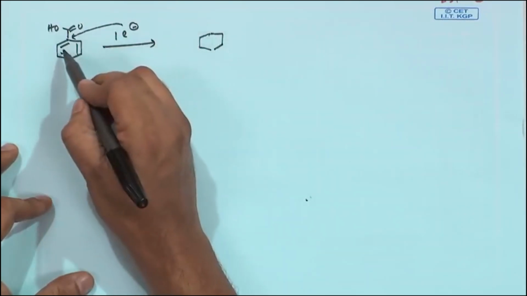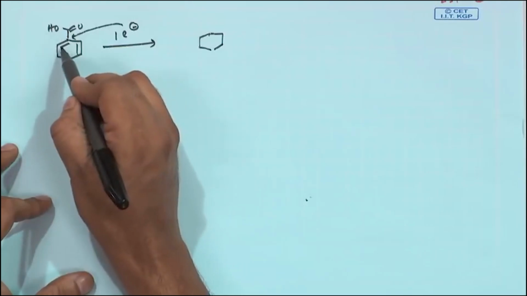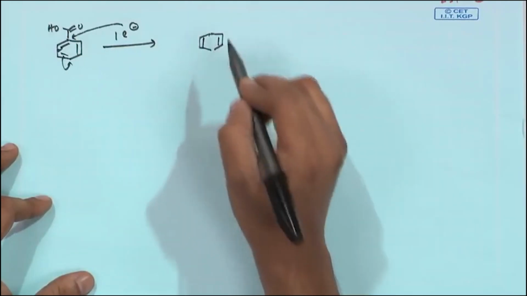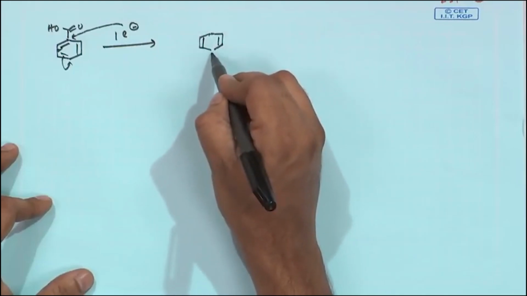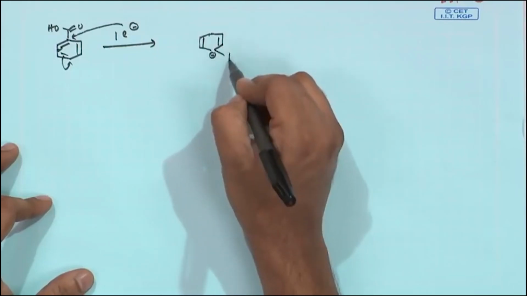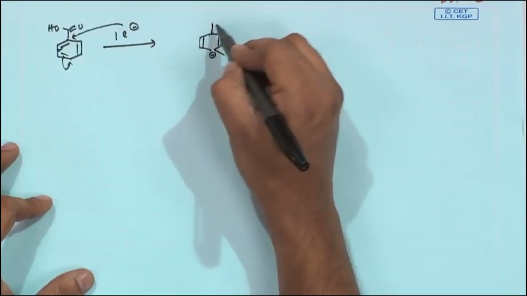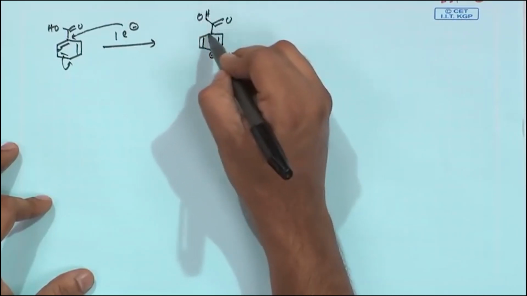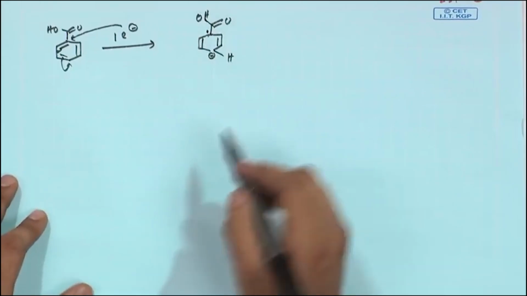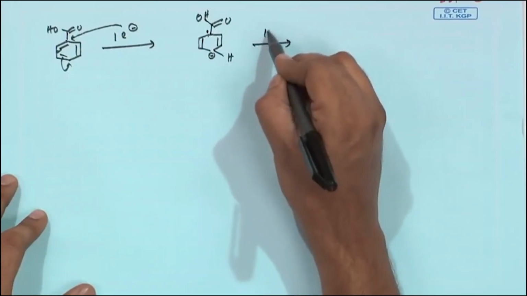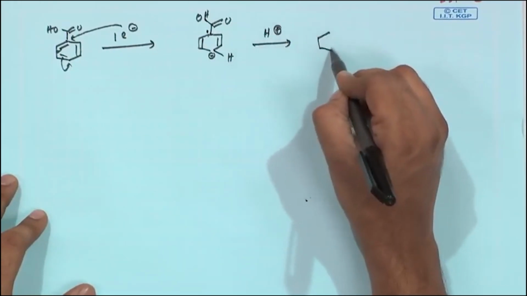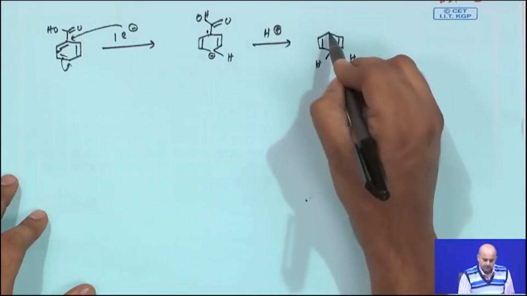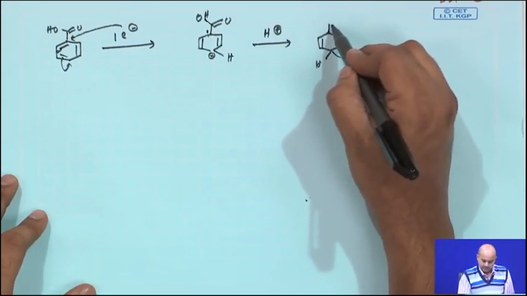Then you will find that this will come here and put a negative charge here with this hydrogen, and this is a dot. Now, this negative will accept H plus to give you these things.